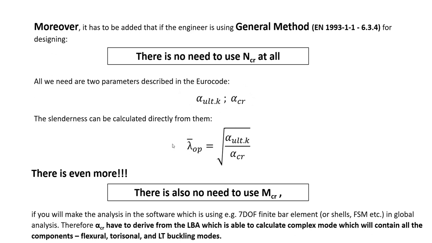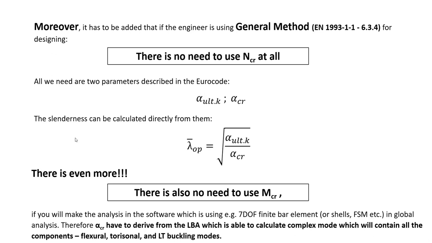There is even more. There is no need to use critical moment or bending moment, if the engineer is using for the linear buckling analysis the 7 degrees of freedom finite bar element, or shells, or the finite strip method.